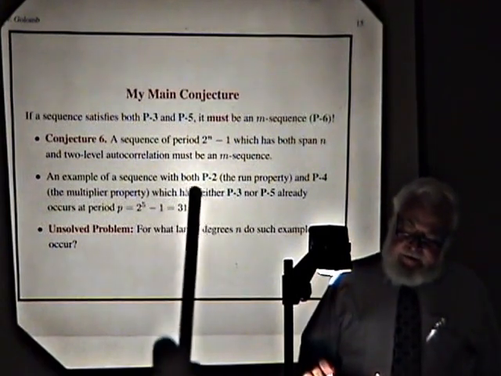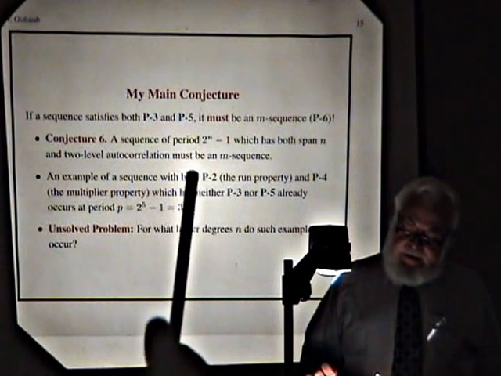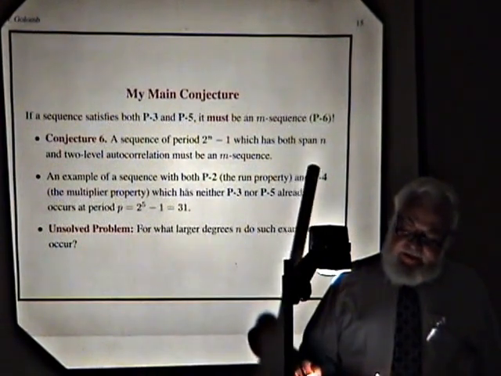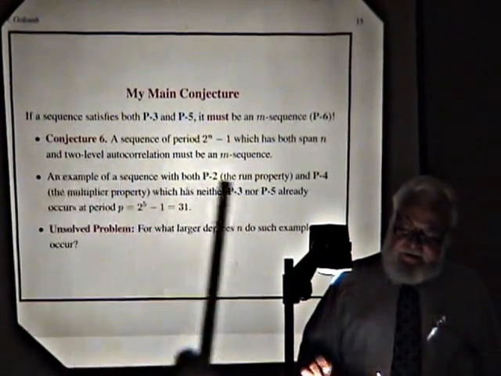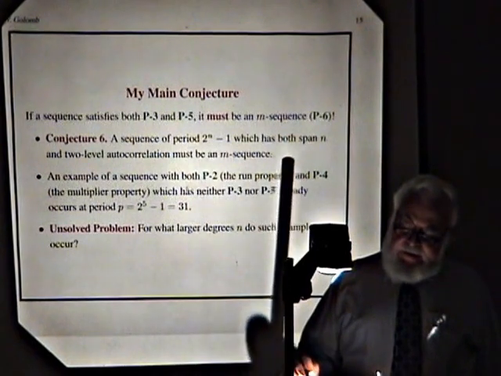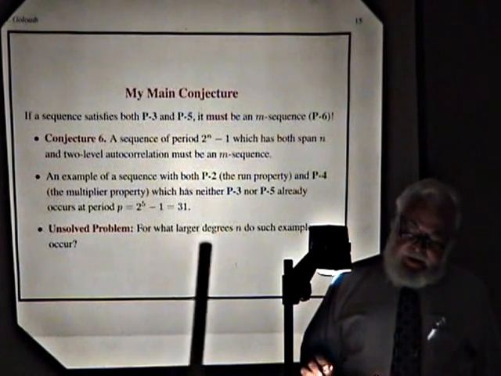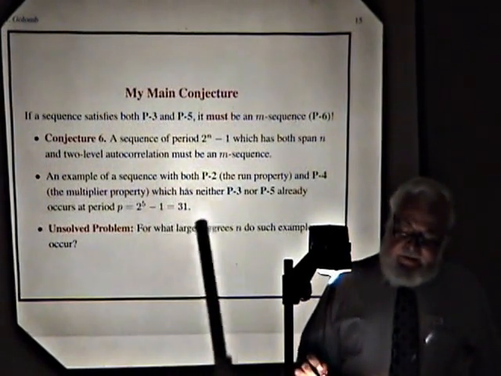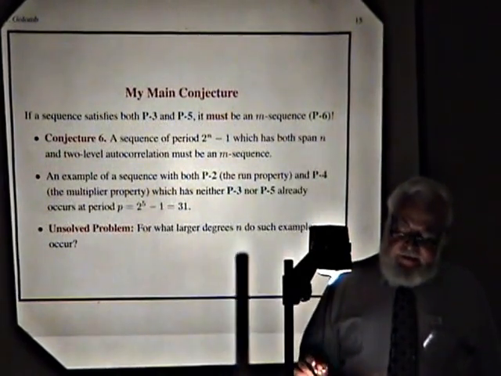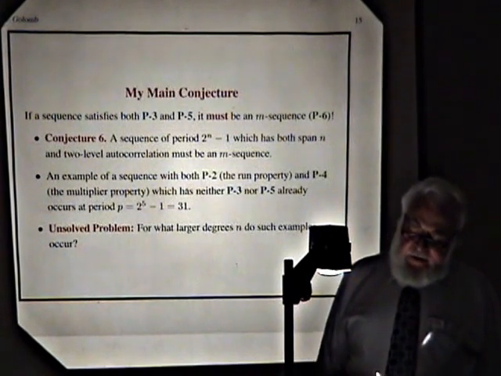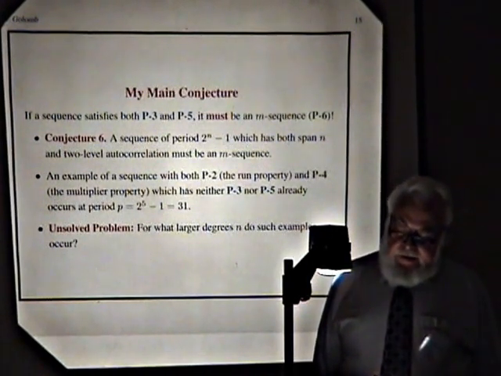Now, in terms of weaker combinations of properties, these are the two strongest properties short of m sequences, the span n property and the two-level autocorrelation property. And the evidence we have so far is that if you combine those two, the only examples we found are m sequences.